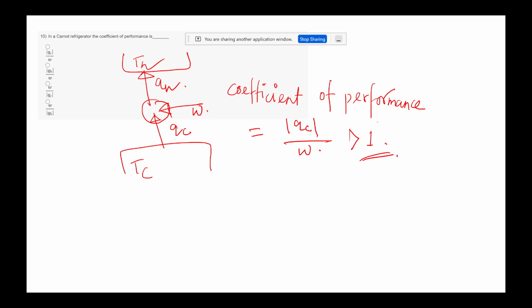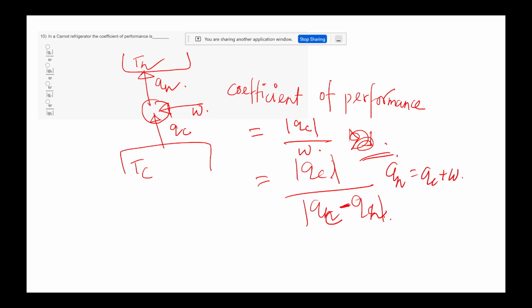Here you can write W is QH minus QC. QH will be QC plus W. So W is QH minus QC.